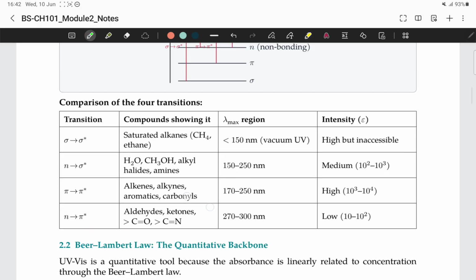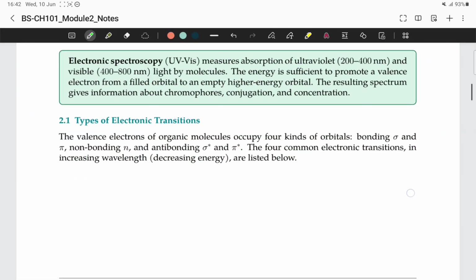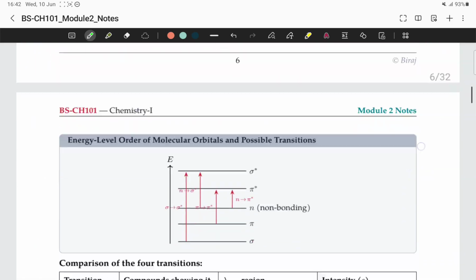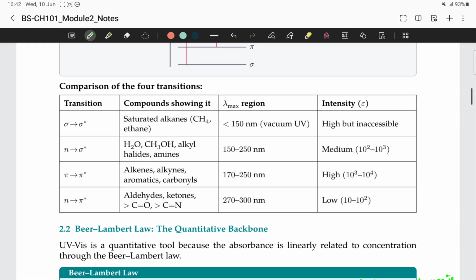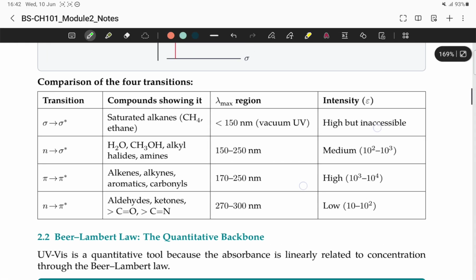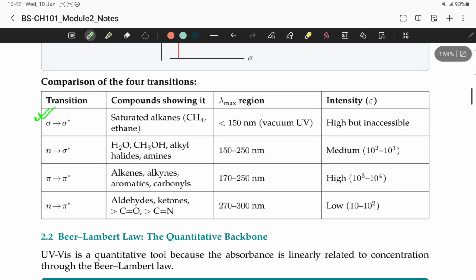The first one is sigma to sigma star, the saturated alkane transition. This takes a massive amount of energy because sigma bonds are exceptionally strong.